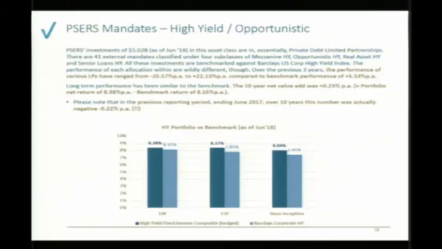There's another interesting component, and I'd just like to highlight it for the benefit of PSERS to really look into this. We think that the high yield allocation is definitely different than we would typically see it. We would typically not see allocation to this asset class through a private market instrument like it has been structured here. So essentially this originally liquid asset class has been structured in an illiquid way, and from what we can tell, it hasn't really worked out.